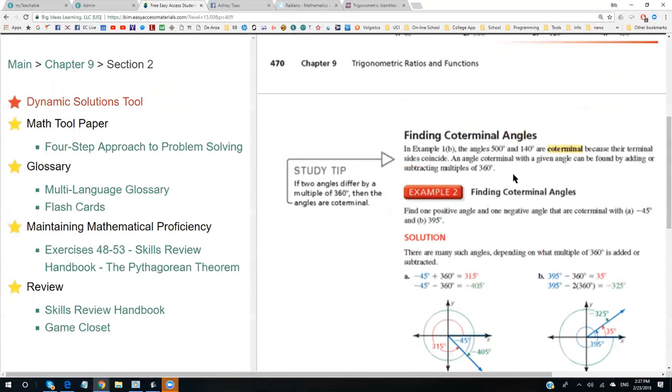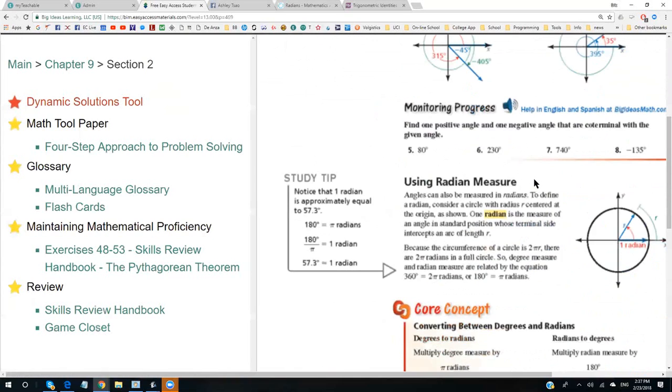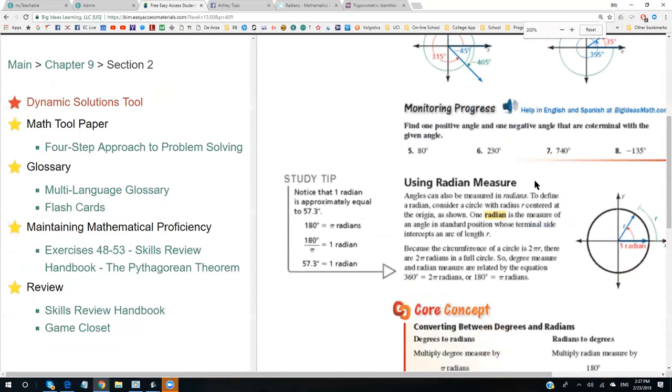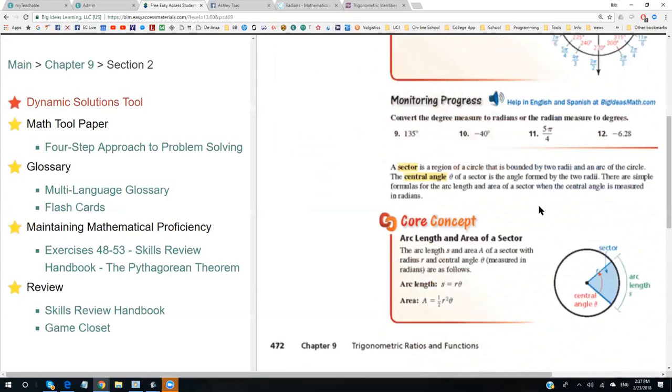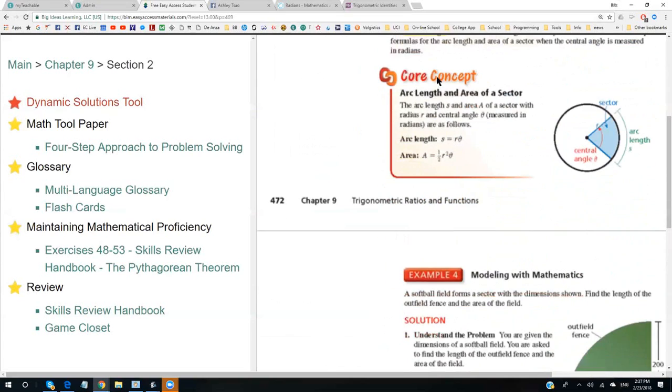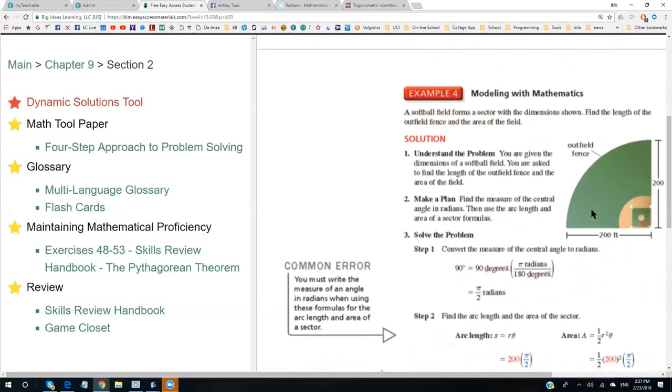It's like a given degree, and you can add 360 or subtract. That's not hard. Radian, I told you already. And this one, core concept: the arc length and sector area. I told you, right? That's the ratio I taught you already.